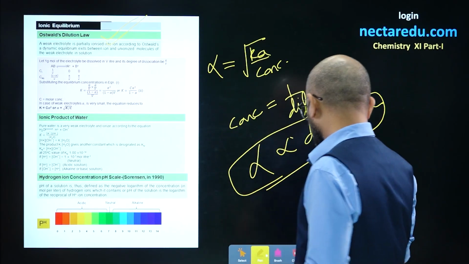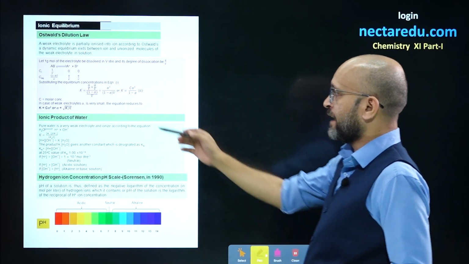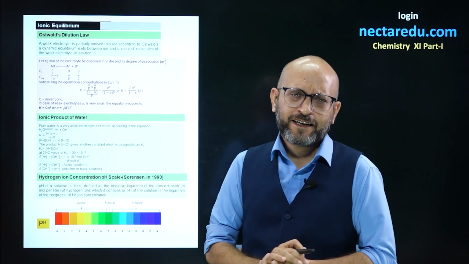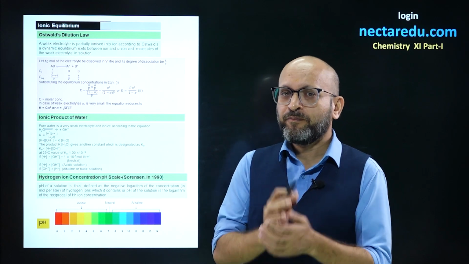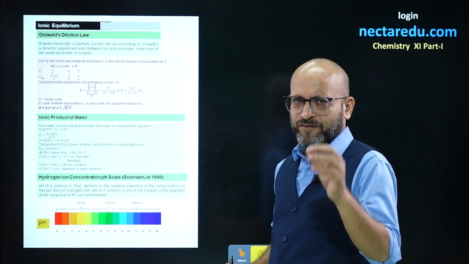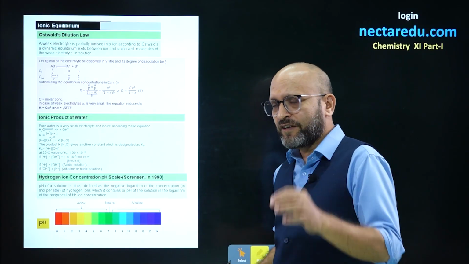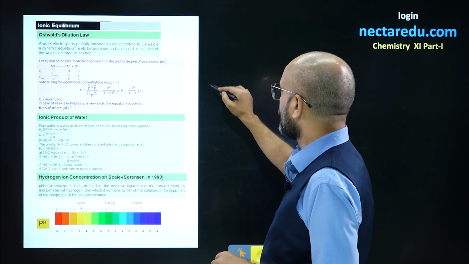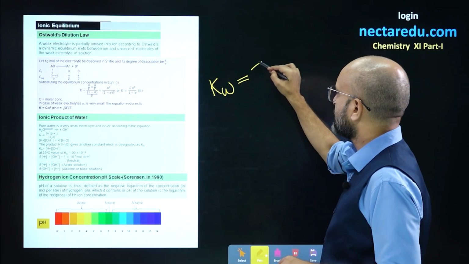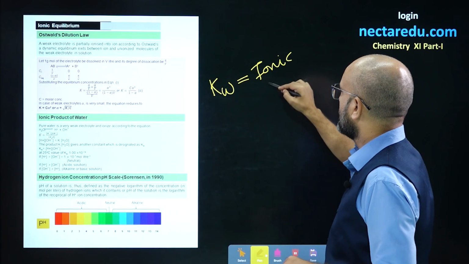Next, what we are going to talk about is the ionic product of water. Water is a very poor electrolyte, so it does not give many ions, but up to a certain extent we can get ionization. At 25 degrees Celsius there is a constant called Kw, known as the ionic product of water.